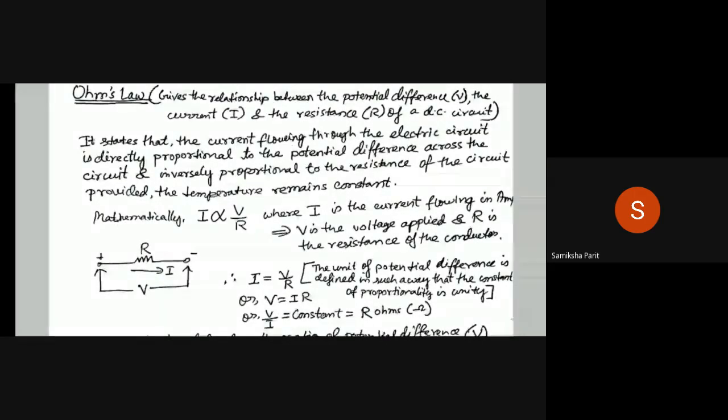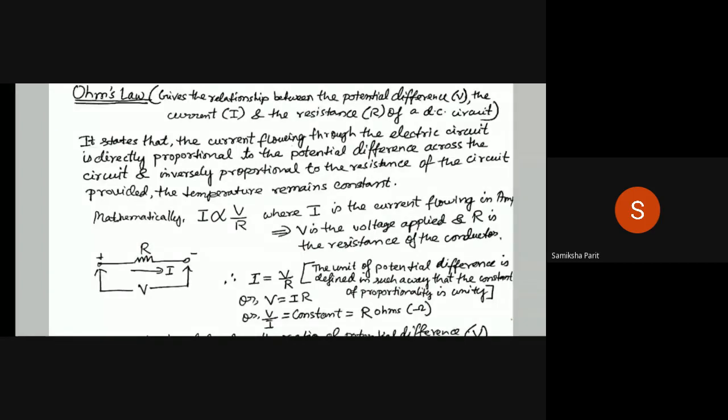Mathematically, it can be represented as I proportional to V divided by R, where I is the current flowing through, given in amperes. The unit is amperes. V is the voltage applied, and capital R is the resistance of the conductor.